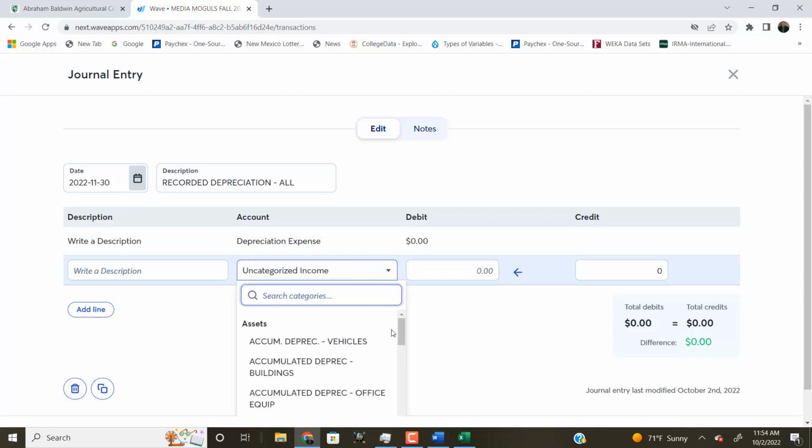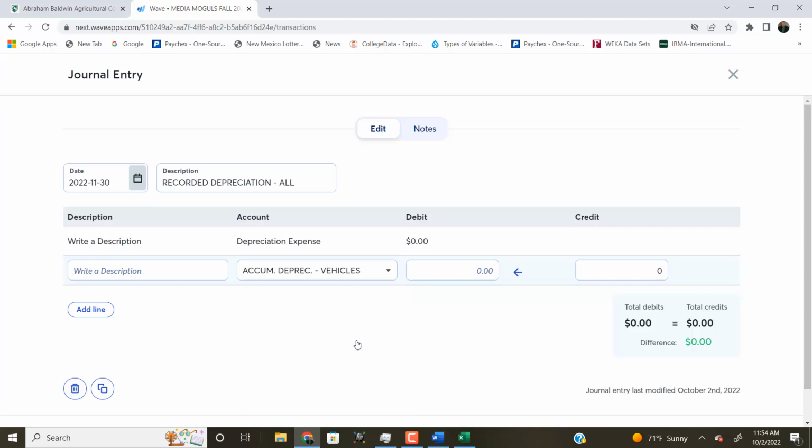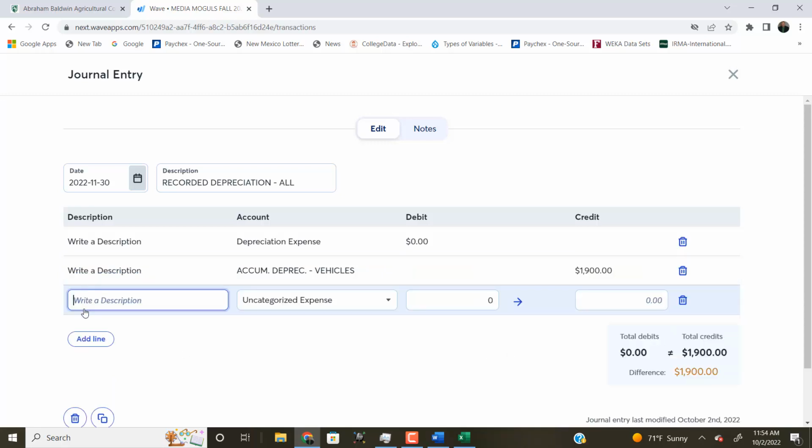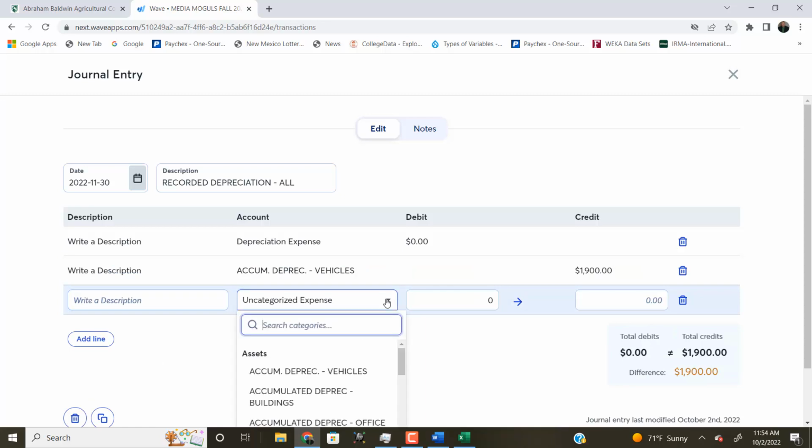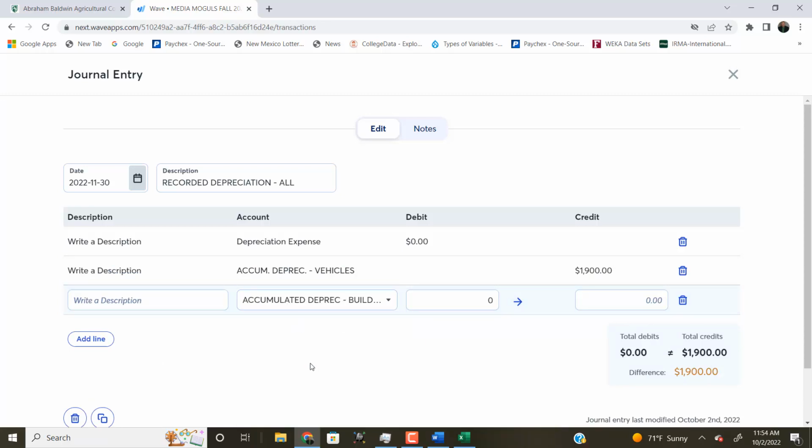So accumulated depreciation, vehicles. This is for both of the vehicles. One is $1,250, the other is $650, so that should be $1,900. Add a line. Now, the next one is accumulated depreciation buildings, and that one is for $800.